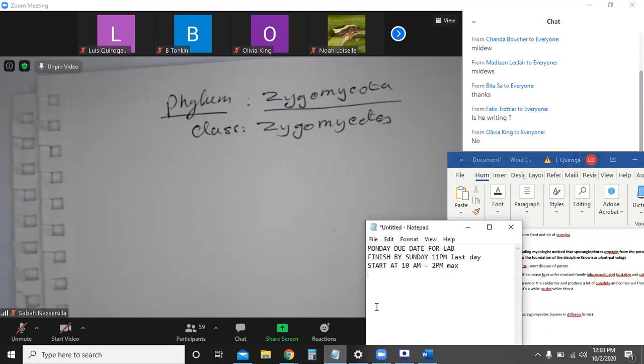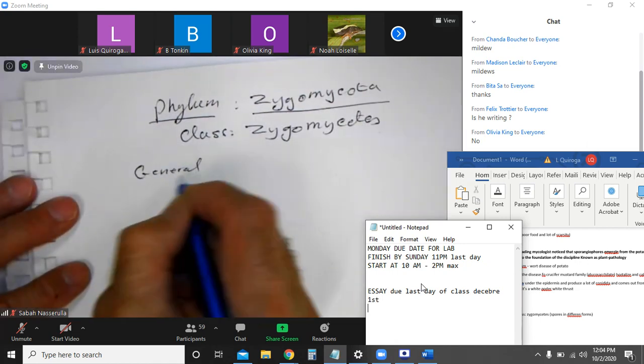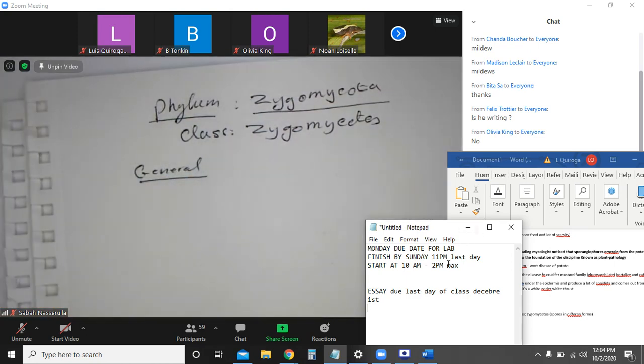Now, these are basically an important kind of fungi. In general, we're going to talk about their general characteristics here.